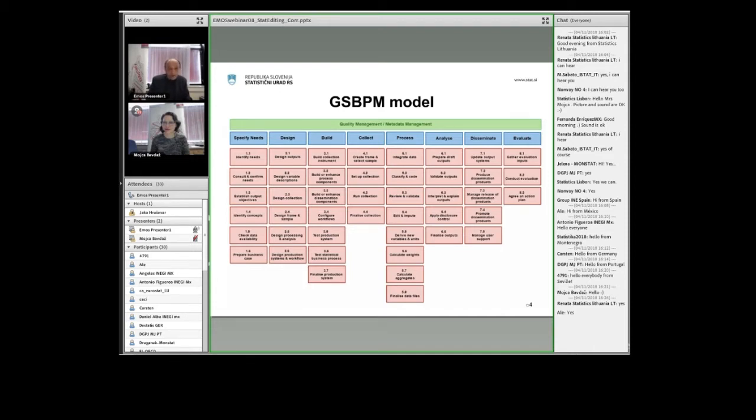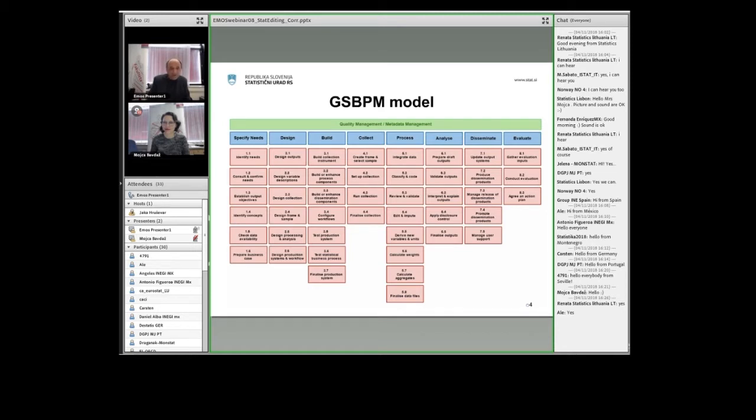So before we start to place data editing in this model, just a few words about the GSBPM model. This is a model that is the result of joint work of 3 institutions, UNECE, Eurostat, and OECD. I think the first version of the model was released in 2009, and an upgrade was made somewhere in 2014.